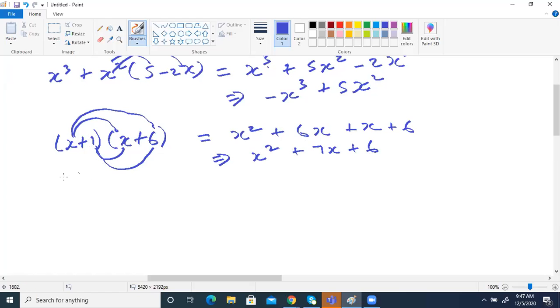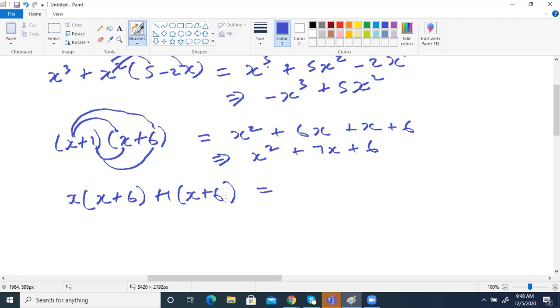And we say we can do it another way, which was to break out the terms here and multiply them explicitly. And all I mean is to say, from here, you could just go and say x times everything in the second bracket, plus 1 times everything in the second bracket. It gives the exact same result.